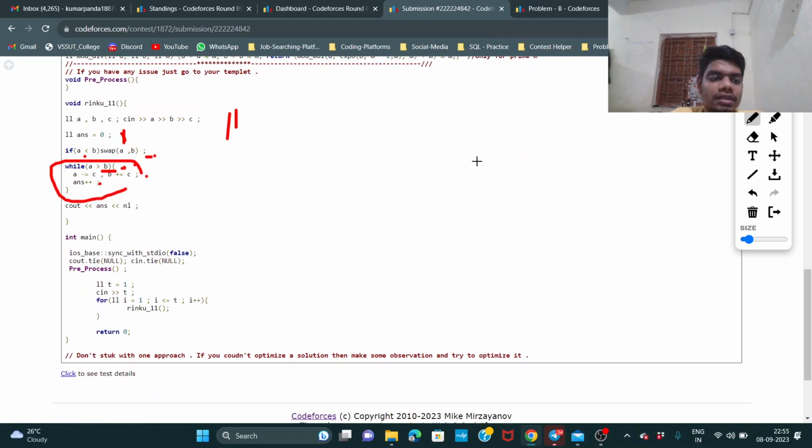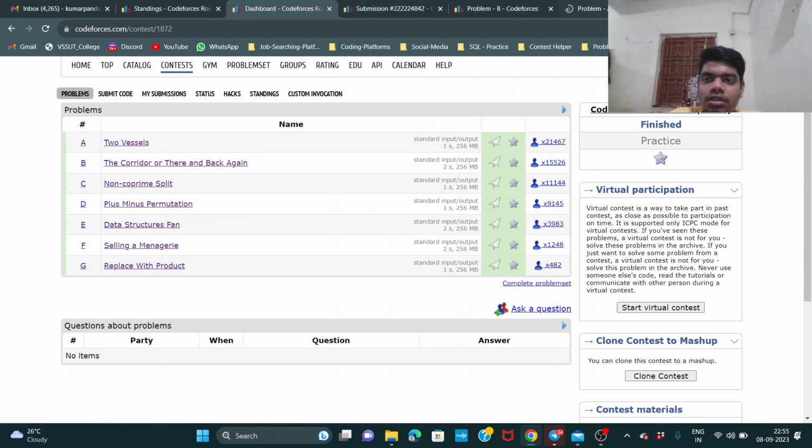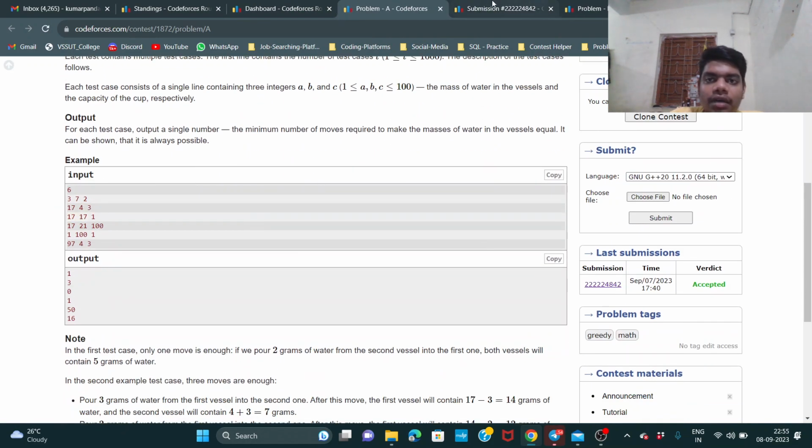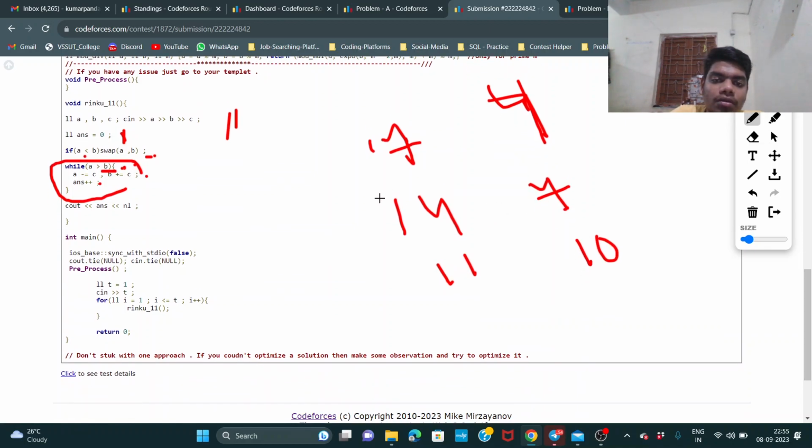Because see, 17 and 4, 17 and 4. This becomes 14, this becomes 7, and then this becomes 11, this becomes 10. So this is one move, this is one move, and after two moves my a value becomes 11 and b value is 10.